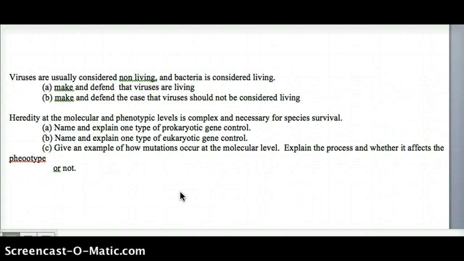So think about it in the fact that making the wrong protein is making a change in the phenotype. A change may not have a big effect, but some changes can have a huge effect in the organism. And we will come back to that when we talk about the systems of the body.